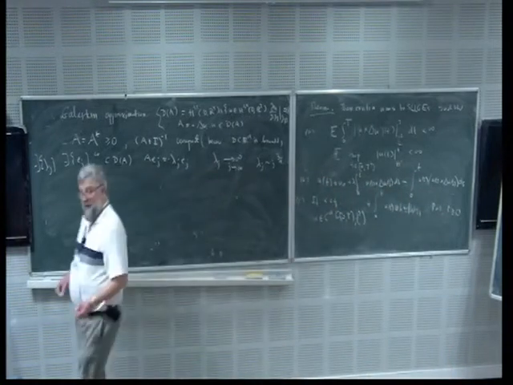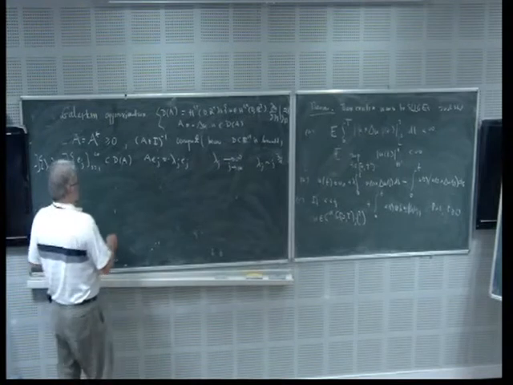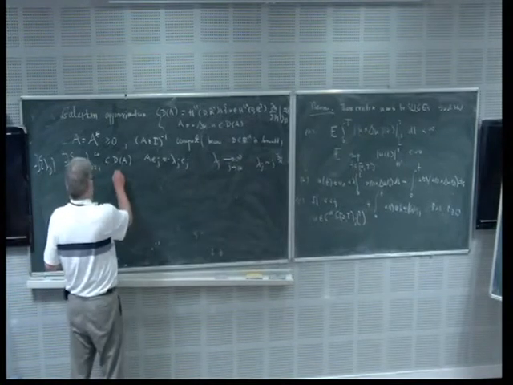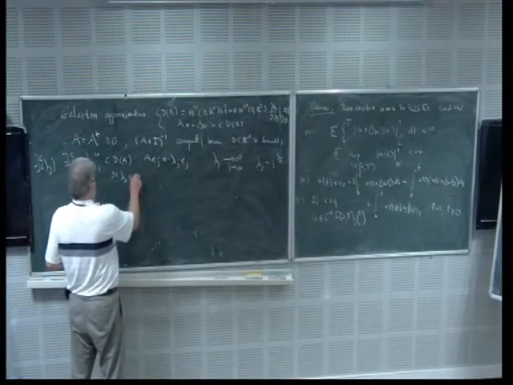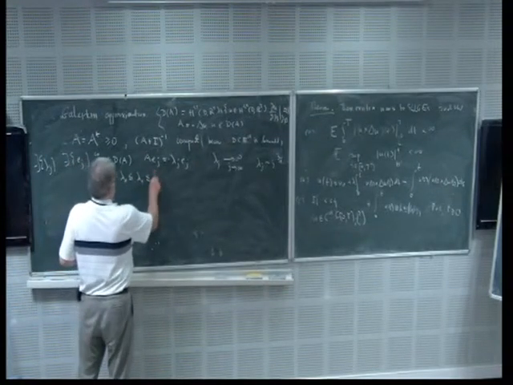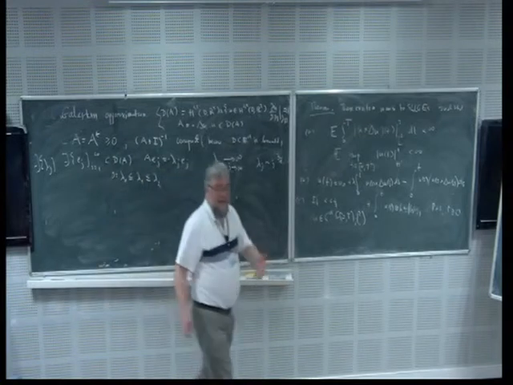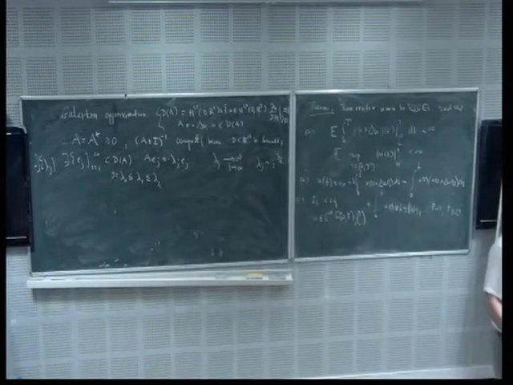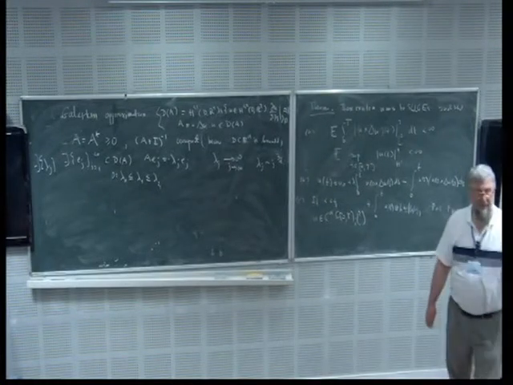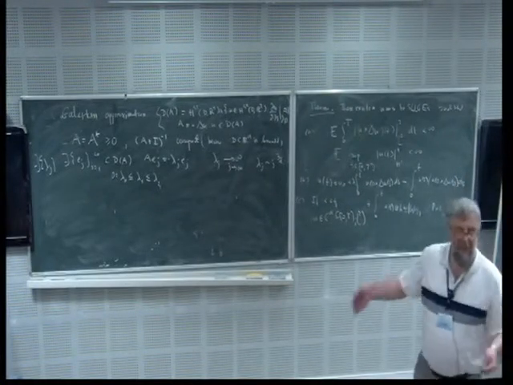I consider these eigenvalues in the way that, say, 0 is the first lambda, and then I list them with the multiplicities. So if an eigenvalue has multiplicity 15, then I list it 15 times.